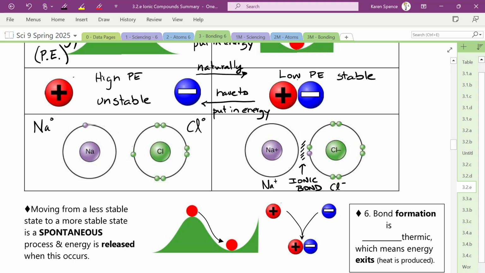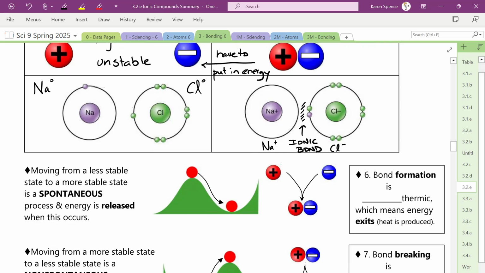Now this word, spontaneous. How many of you know the word spontaneous? Okay, spontaneous basically means it happens naturally. So every time I'm saying it happens naturally, what I'm really saying is that it is spontaneous.